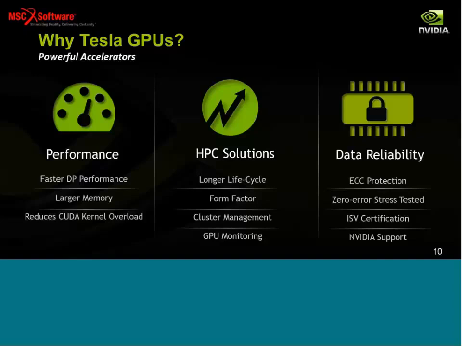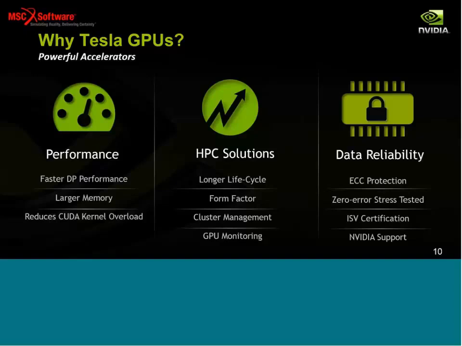They also have larger memory that helps applications such as acoustics, electromagnetics, and CFD calculations. You may be using other products beyond MSC Nastran, so certainly Teslas are the way to go. Also, there's the Tesla Compute Cluster driver, shortly known as the TCC driver. It takes care of kernel launch overhead, and also allows use of Windows Remote Desktop.